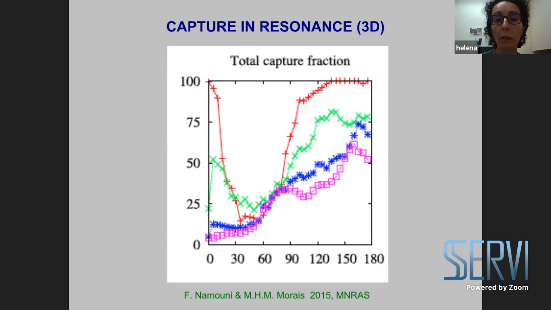The different colors here correspond to different eccentricities. The red curve is for zero eccentricity, and the other ones for increasing eccentricities. So retrograde resonances are weaker, but they capture more efficiently. In particular, you have a significant probability of capture for polar orbits, so polar resonances, which I will talk about in the next slide.